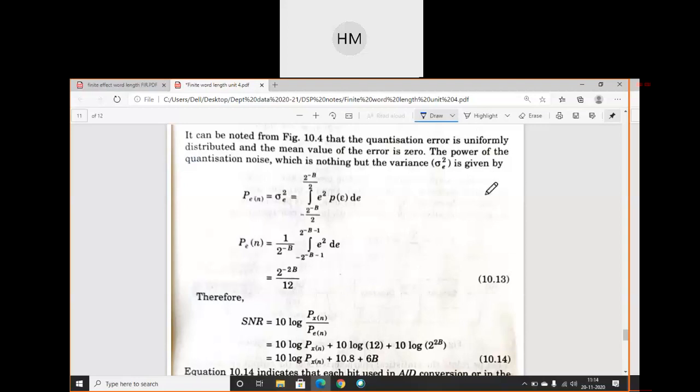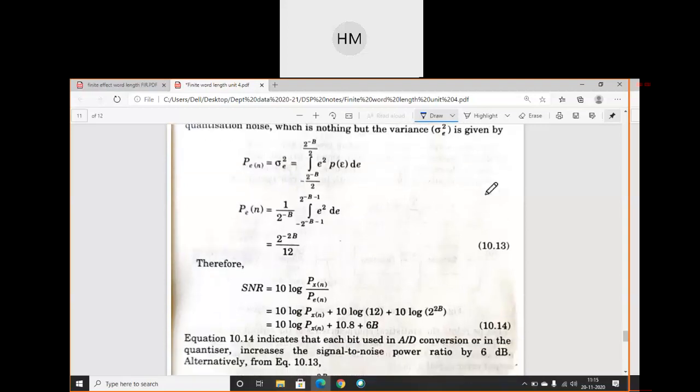Variance is sigma square. Finish this. PE of n is coming out to be 2 to the power minus 2b upon 12.